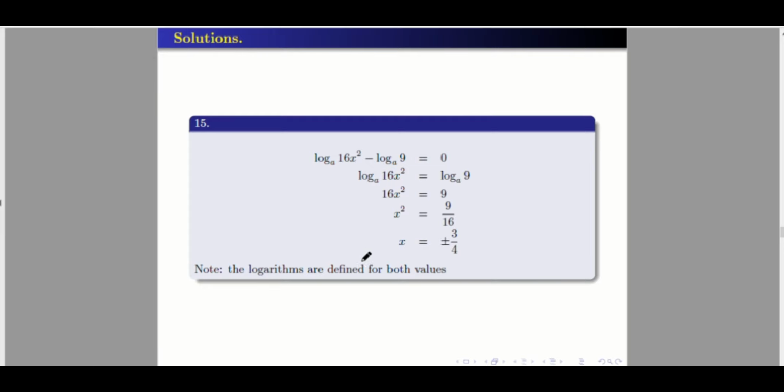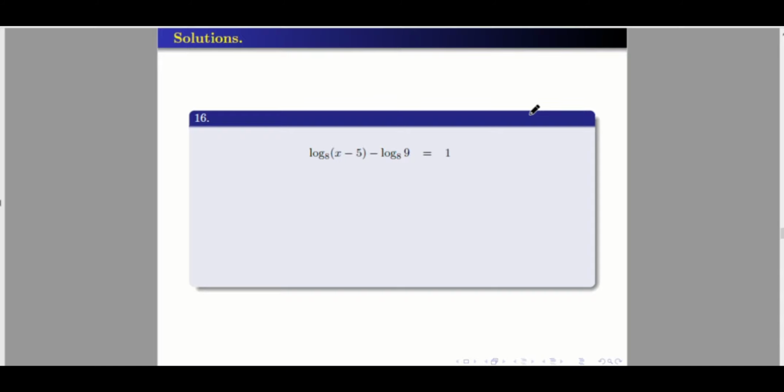Now take note that both are defined. Now take note our variable of concern here is x, not a. So x, if we square this one, either of these two, the plus or minus 3/4, the result is always positive. So it's always defined.